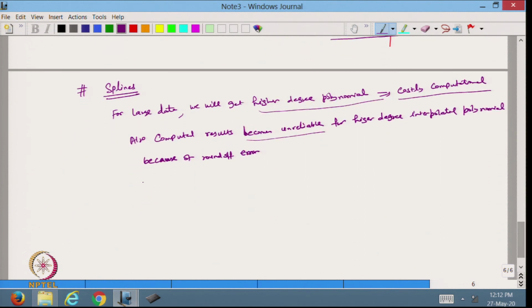To get rid of these issues we apply splines. That we will discuss in the coming lecture.